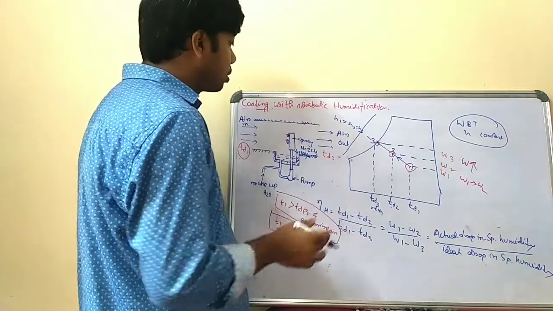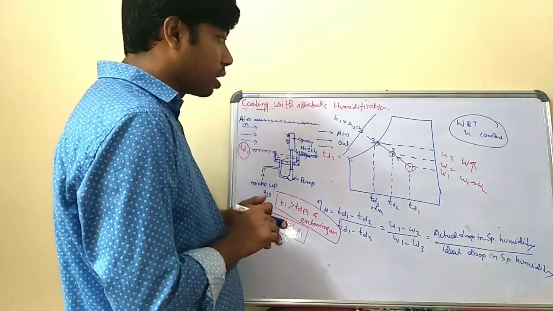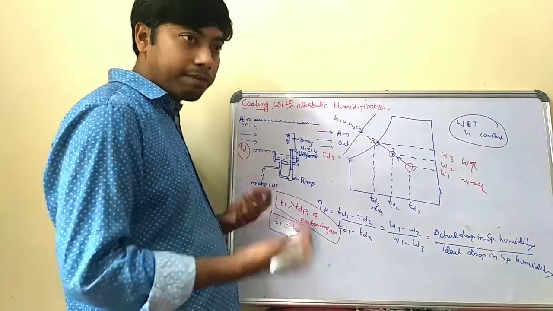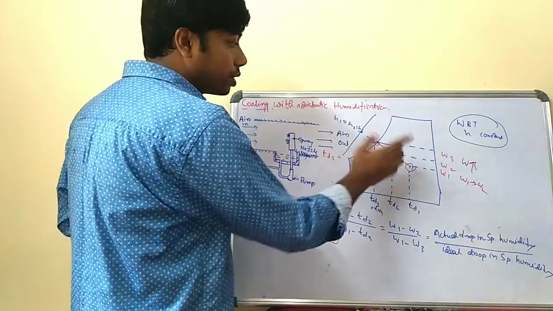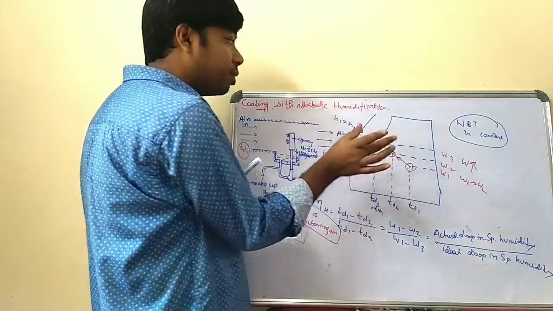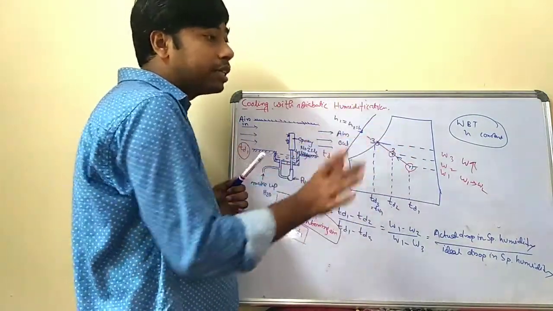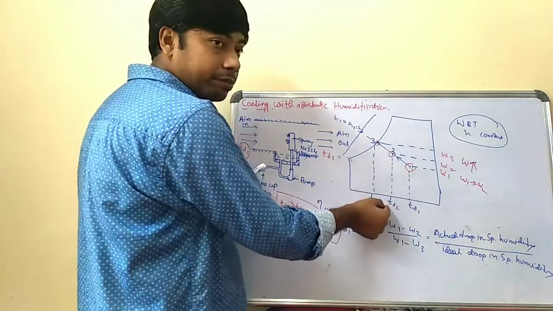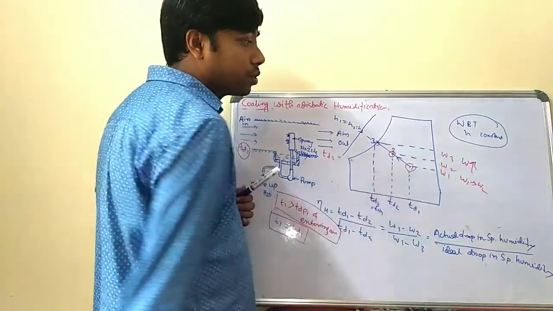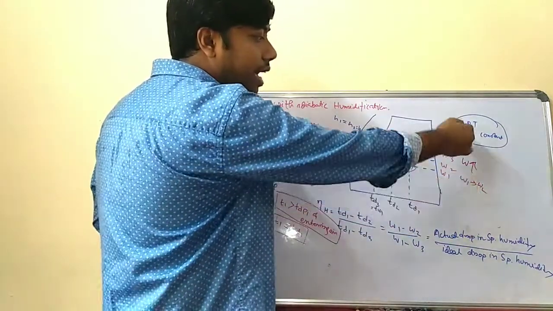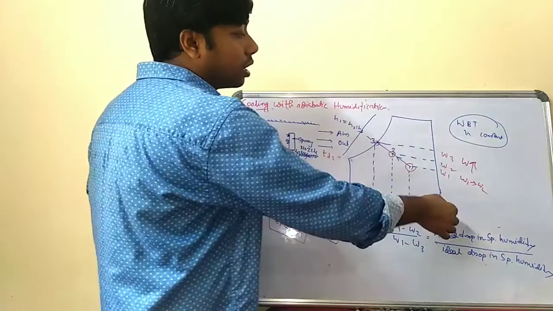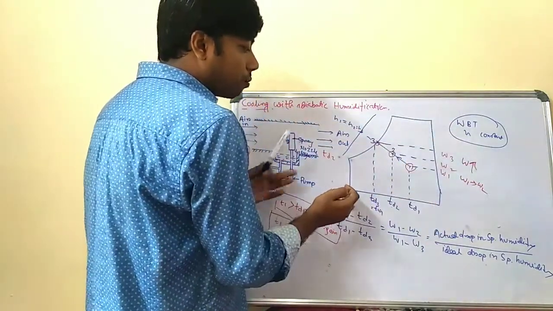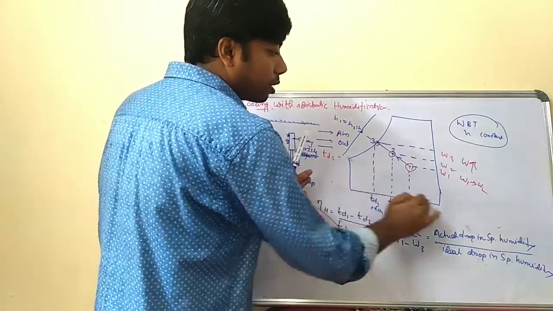In a cooling coil there is some inefficiency, there are bypass factors, so we assume that point 2 is here, with the corresponding dry bulb temperature TD2 and specific humidity W2. If you go upward, the specific humidity increases. If you go from left to right, the dry bulb temperature increases.